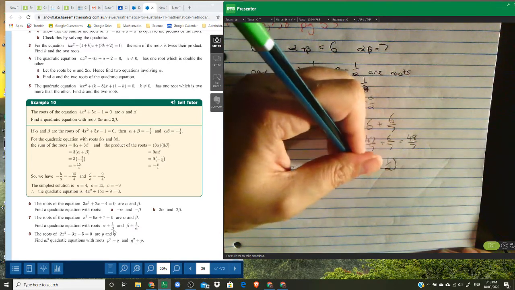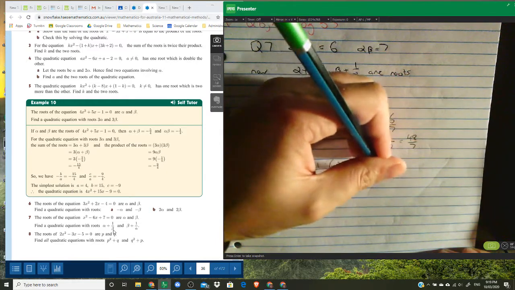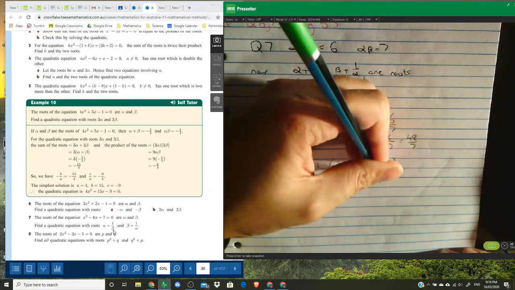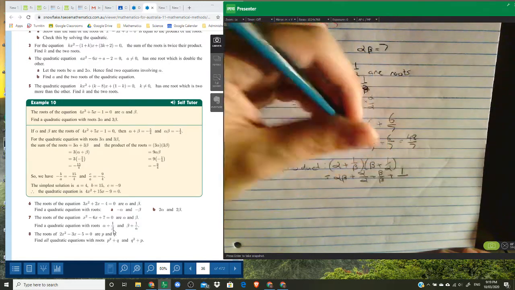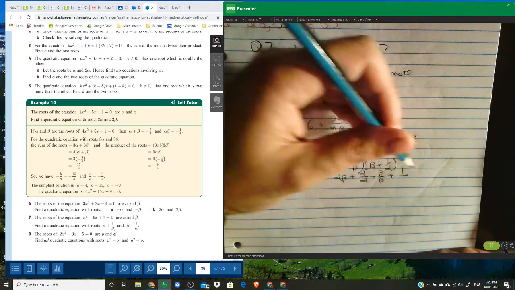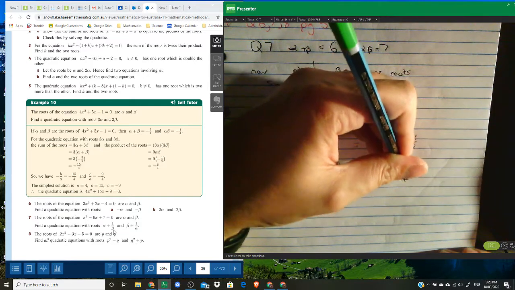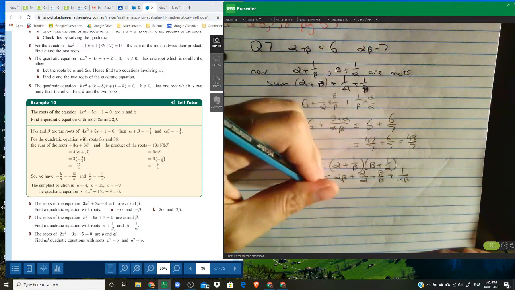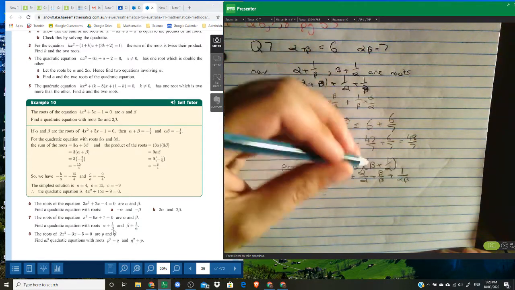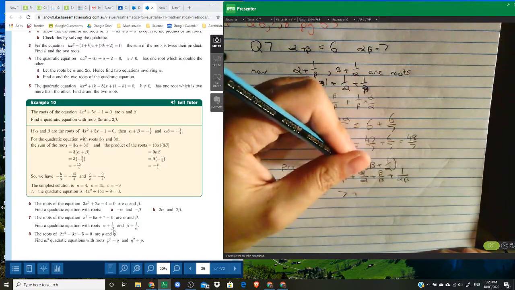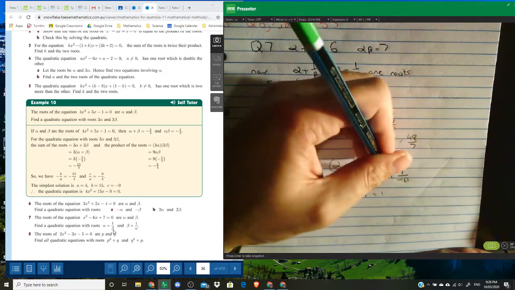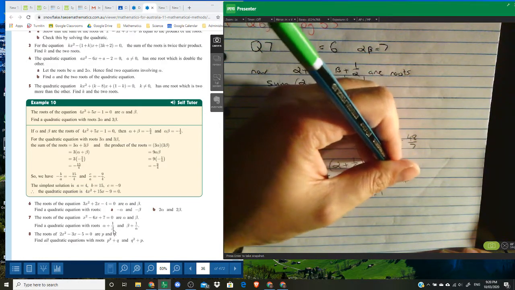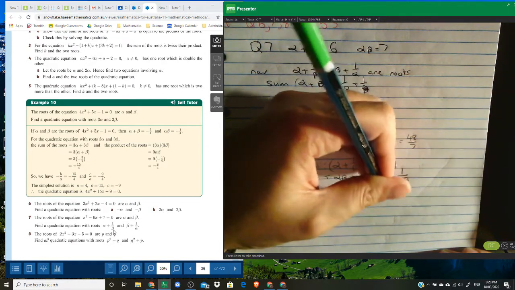Okay, we'll have 1 on alpha plus beta on beta plus 1 on, if you multiply the last two, 1 on beta times 1 on alpha is 1 on alpha beta, like that. Which would be, now alpha times beta is 7, plus alpha and alpha is 1, they cancel, plus beta and beta is 1, they cancel, plus 1 over that, so that's 1/7.